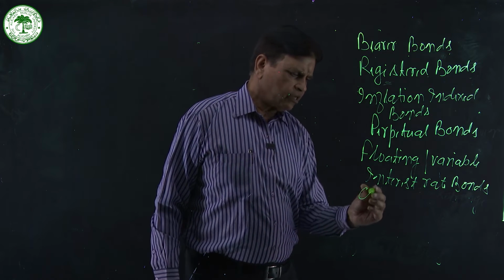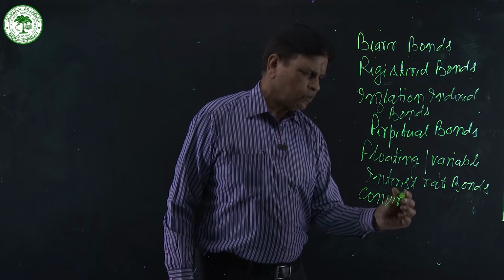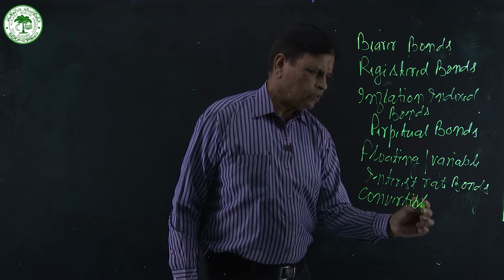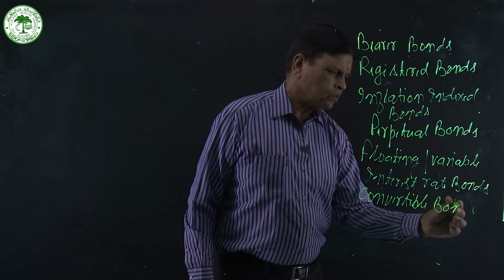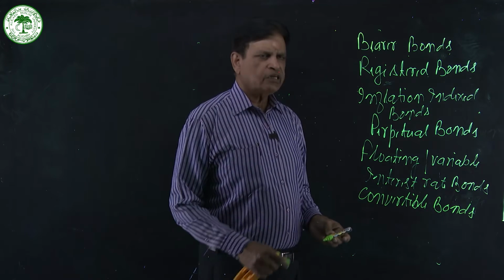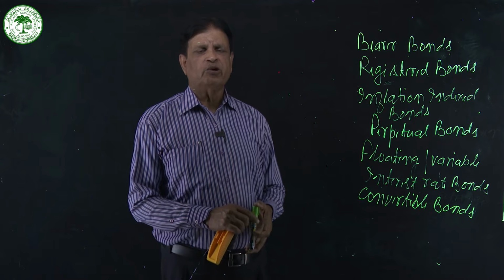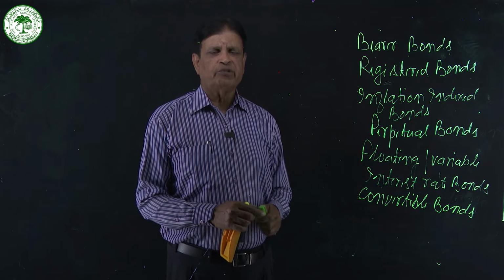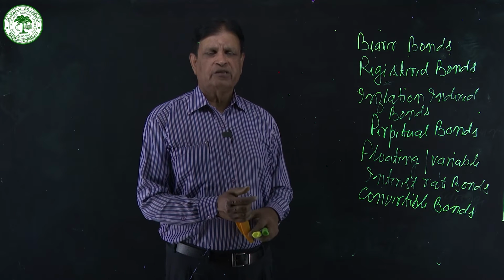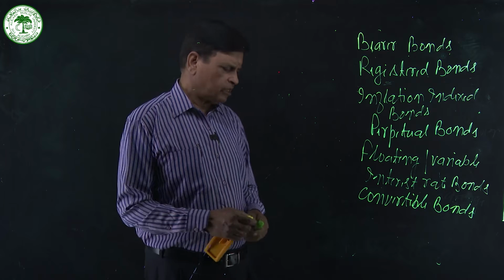Then we have convertible bond. Convertible bonds are those bonds which will get converted into ordinary shares after a period of time, and these bonds are known as convertible bonds.